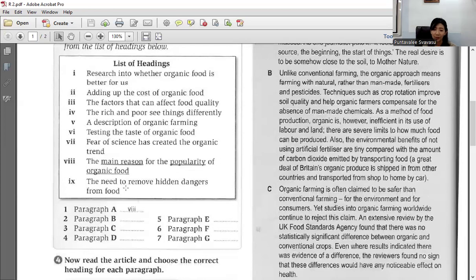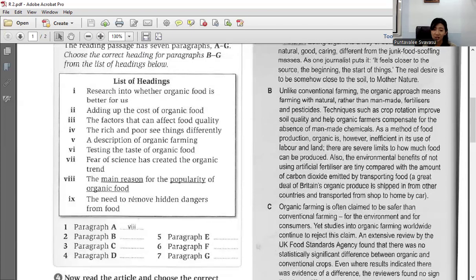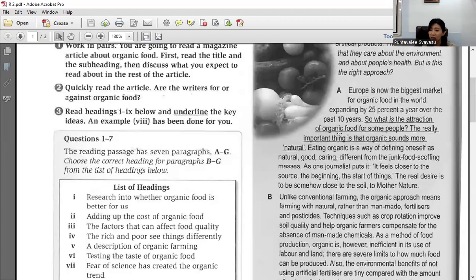When you look at the answer here, it says the main reason for the popularity of organic food. So in the first paragraph they talk about organic food, of course, and then you see this sentence, attraction of organic food for some people.